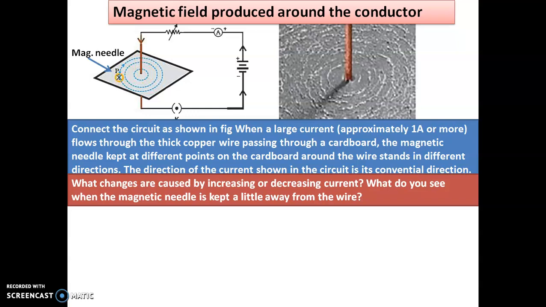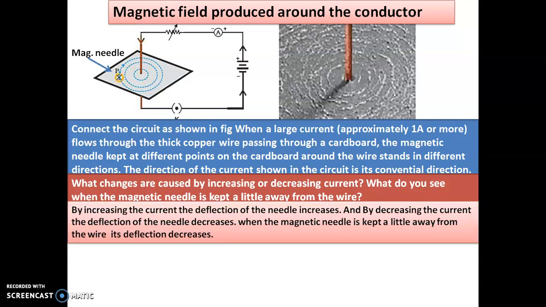When we increase the current, what will happen? And when we decrease the current, what will happen? By increasing the current, the deflection of the needle also increases, and by decreasing the current, the deflection of the needle also decreases. And when the magnetic needle is kept away from the wire, its deflection decreases.